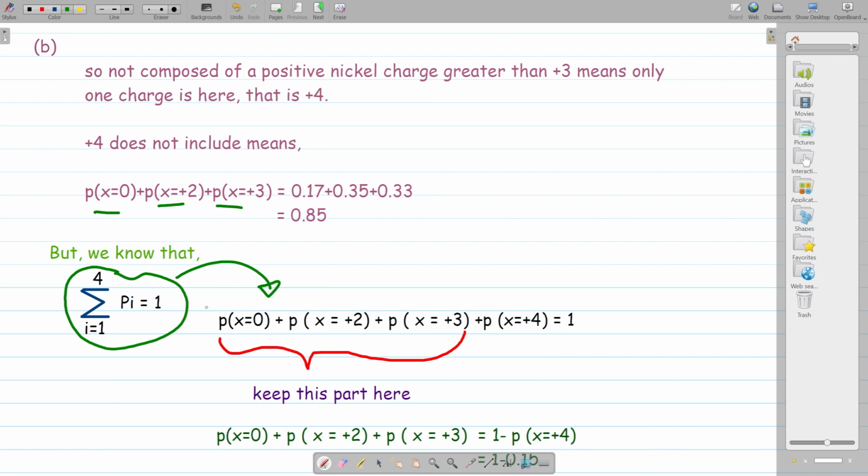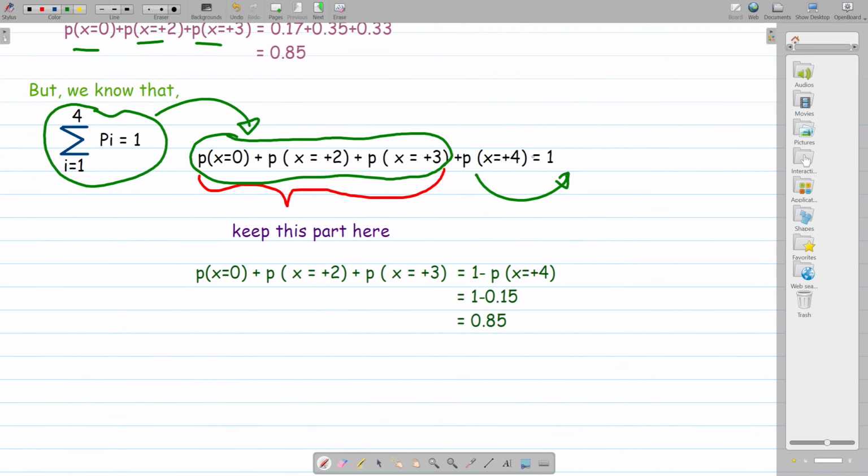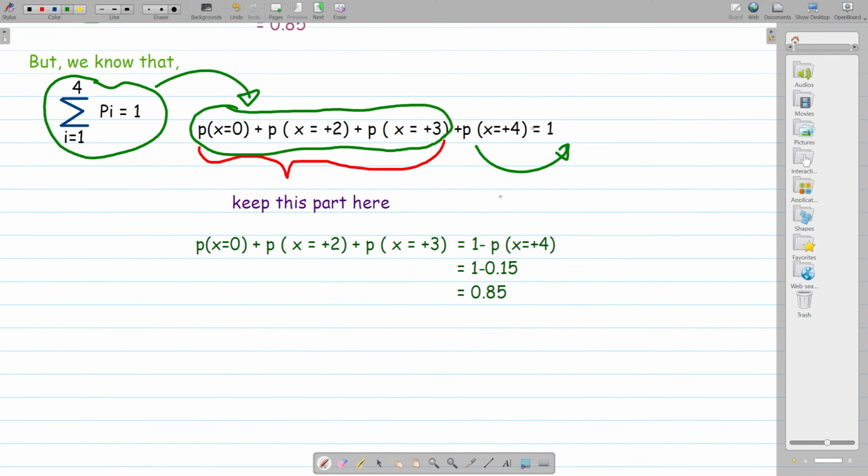Now what they ask is this part. Isolate that part on the left side and carry the rest to the right side. If you do that, the answer is 0.85. It's easier to find using 1 minus than adding all the values.